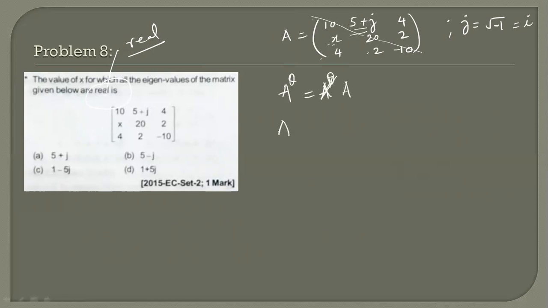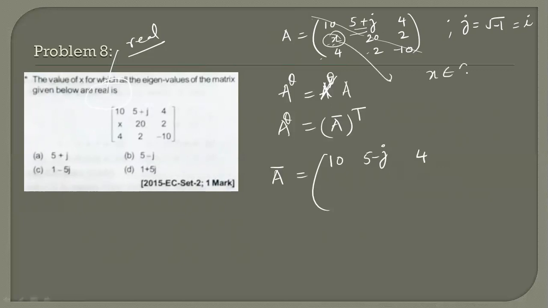What is A to the power theta? I told you it's the conjugate transpose. So take the conjugate. What is the conjugate of A? 10, 5 minus j, 4. You know, the conjugate of j is minus j. You don't know the value of x. It can be a real number, it can be a complex number also. If a is any real number, then a conjugate is equal to a.